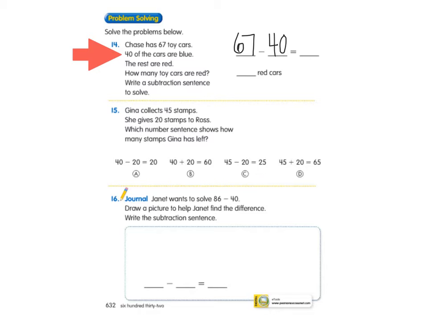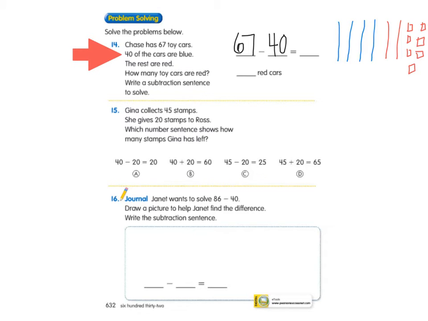So again, like I said, red and blue crayons. So first I know that he has 40 blue cars, so I'm going to draw a picture over here. My lines are going to stand for 10s: 10, 20, 30, and 40. So that's 4 10 sticks, and that makes 40. And then I'm going to draw the rest. I need to get to 67. So 10, 20, 30, 40, 50, 60, 61, 62, 63, 64, 65, 66, 67.